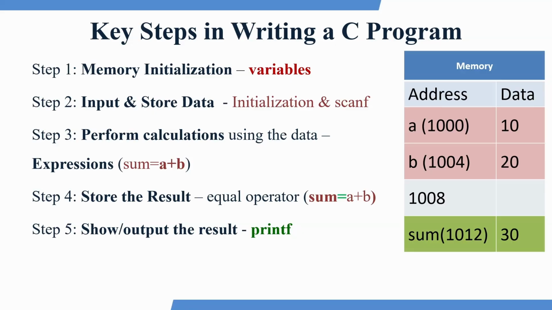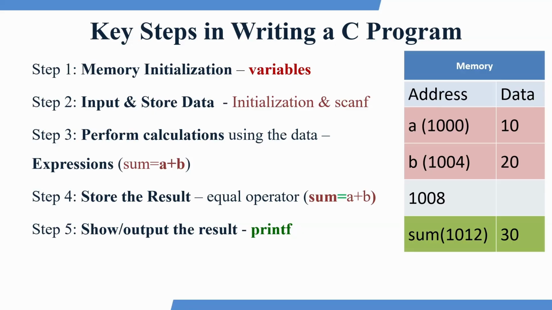And the third step is that we need to perform the intended operation. To do that, we need to know how to write expressions. There are several operators we use in the programming language to write expressions. We need to use the symbols offered by the C programming language.